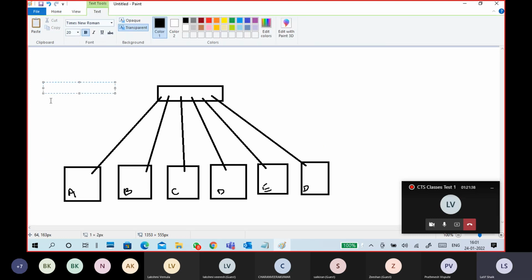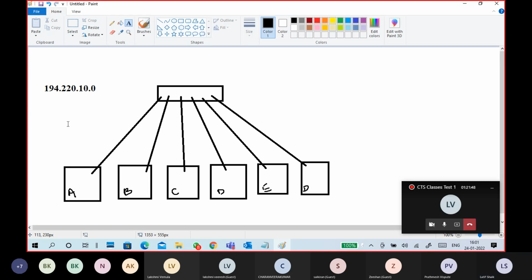Look here, same thing. I'm taking 194, 220, 10, 0. This is my network. So which part is not changing? This part is not changing.